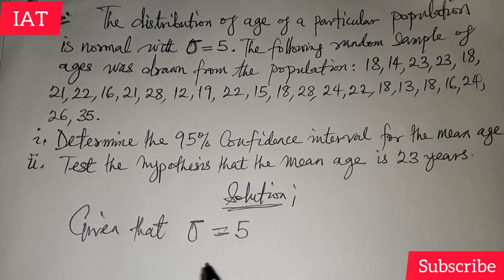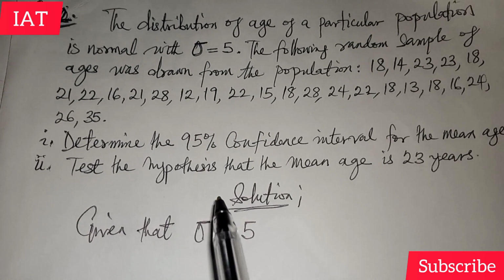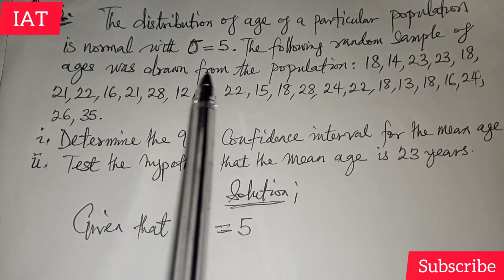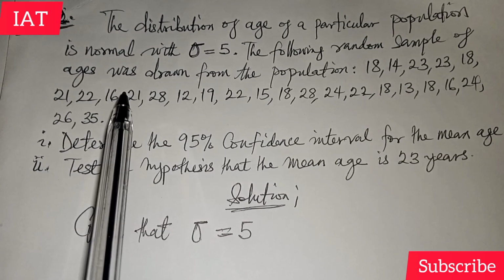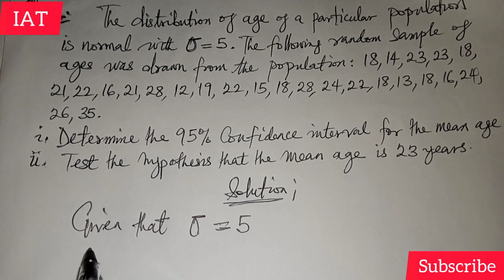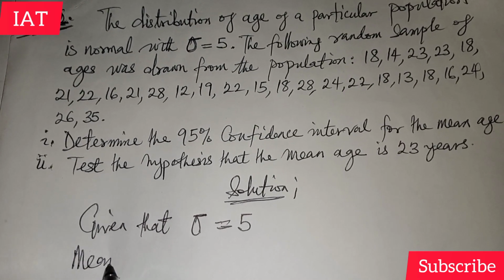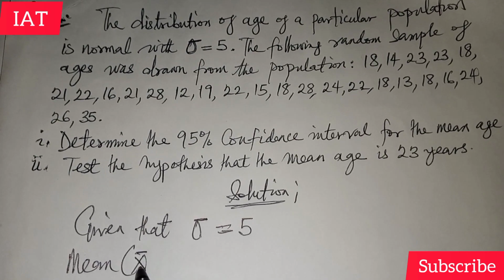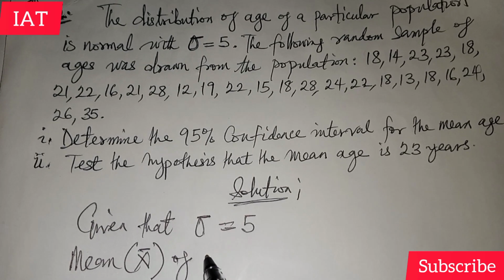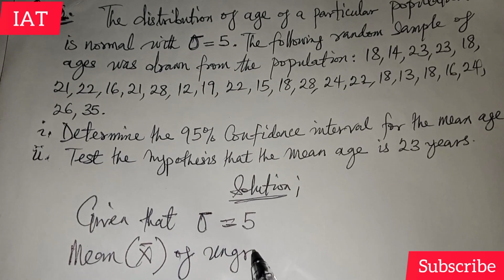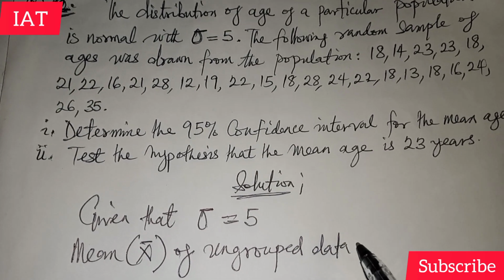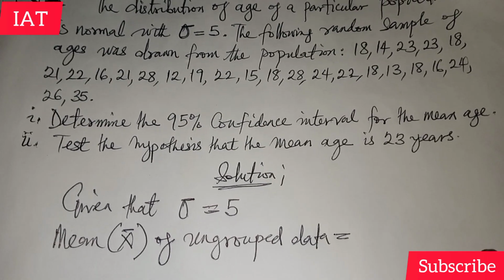Alright, so the next thing we're going to introduce is that if we check through the equation, we have the mean. They said the following random sample of ages were drawn from the population. So that means the mean, of course, x bar of ungrouped data will be equal to, how do we get the mean?